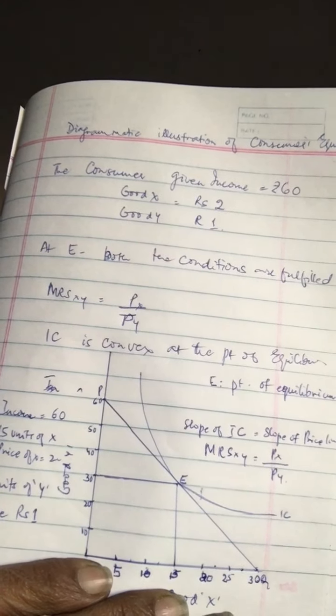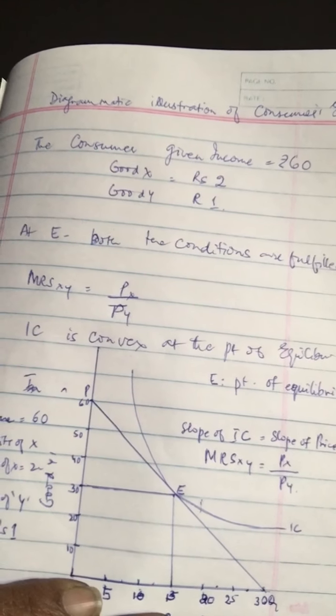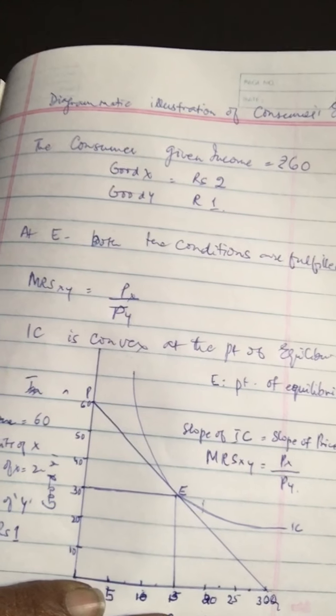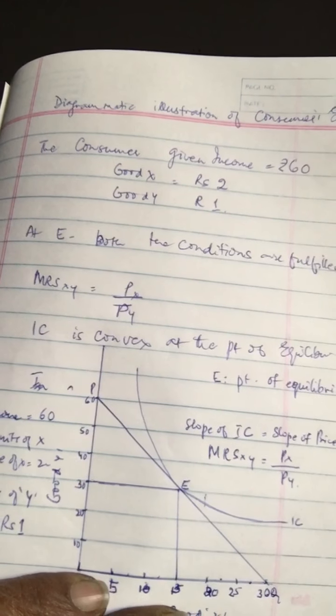Like for example, now look at this. First condition, MRS XY is equal to Px upon Py. That is, the slope of the indifference curve is equal to the slope of the budget line or the price line. So they are tangent to each other.